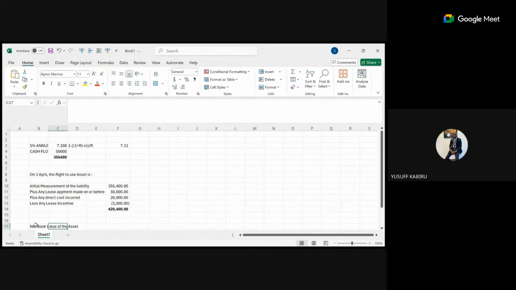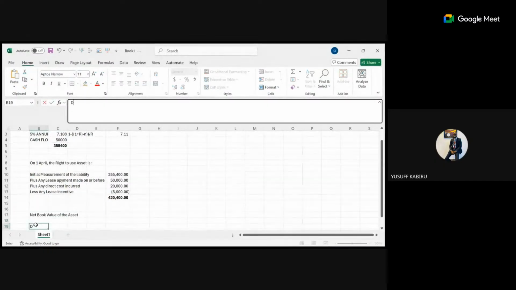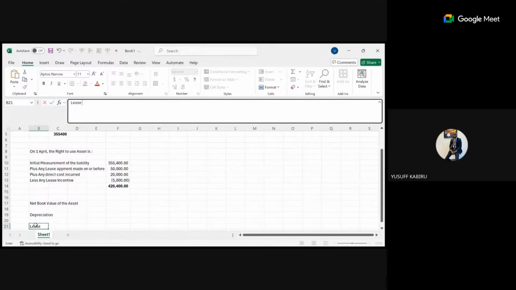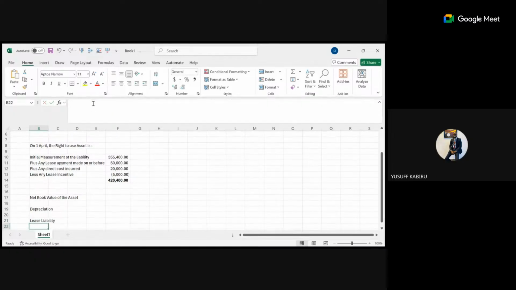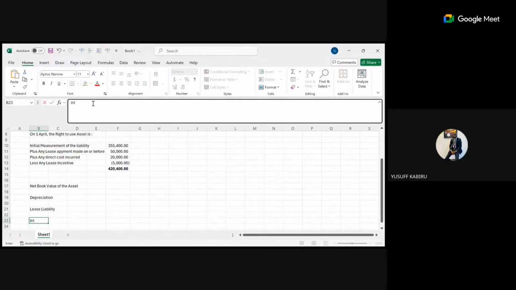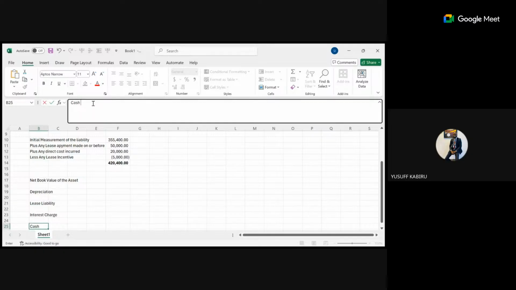We have net book value of the assets. We also consider depreciation this time around. Lease liability. Interest charge. Cash payments.